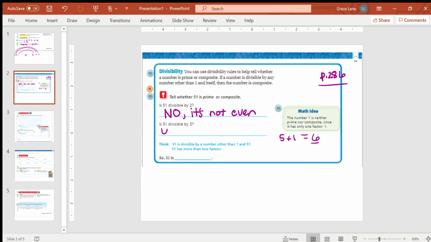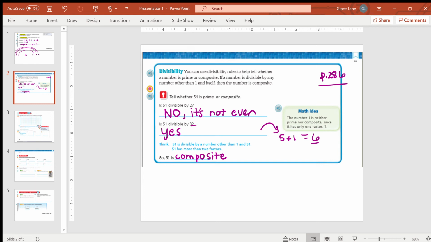Yes. So that means that 51 can be divisible by 3. And the reason for that again is because I added the digits and the sum of them, 6, can be divided by 3. So 51 is a composite number because I just figured out that it has multiple factors because it can be divided by 3.